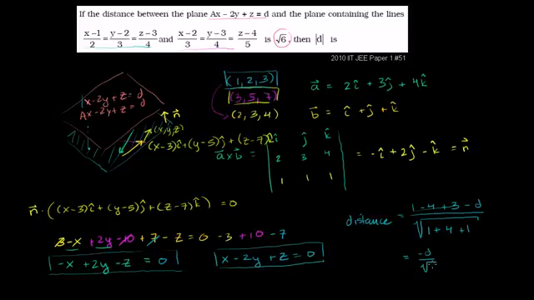So all over the square root of 6. So they say the distance between this plane and this plane over here is square root of 6. So they're saying the distance is equal to the square root of 6.